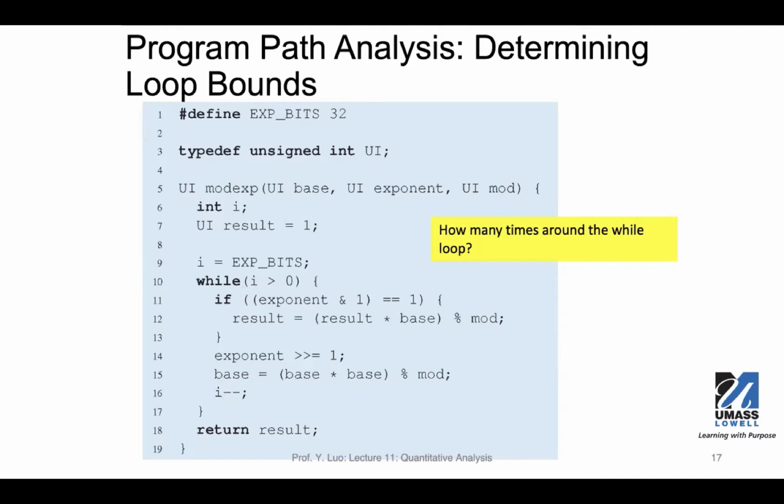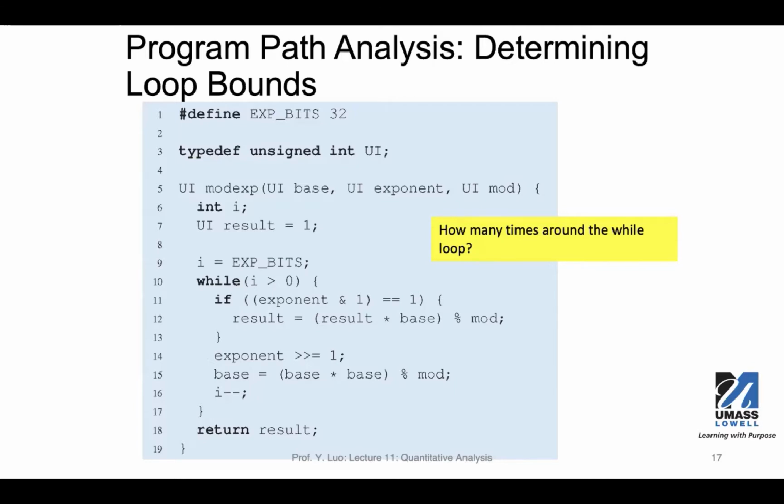In other words, do we know exactly how many times this loop is going to be executed? 32 times? Yes, 32 times, as we explained before. i is initialized at 32, and i is decremented by 1 in every loop iteration, so that gives you 32 times. If you decrement i by 2 every iteration, then that will give you 16 times.